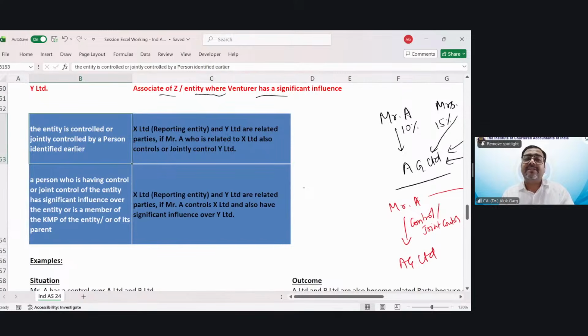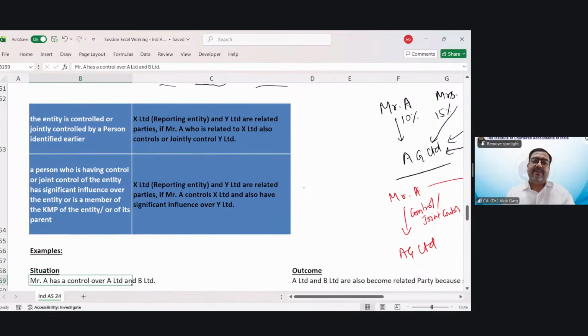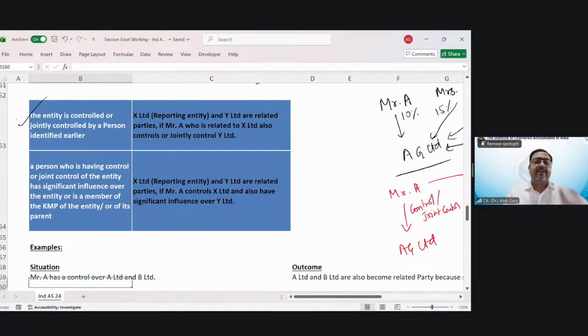Okay, if the entity is controlled or jointly controlled by a person identified earlier, or the family of that person. X Limited, the reporting entity, and Y Limited are related parties if Mr. A, who is related to X, also controls or jointly controls Y Limited. Okay, right. Example, let's talk about the first example again.